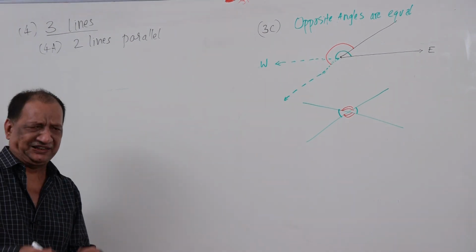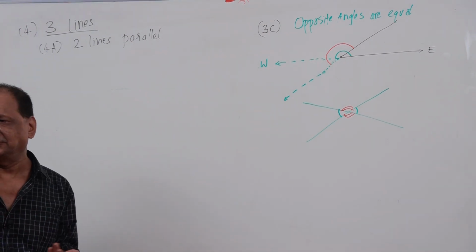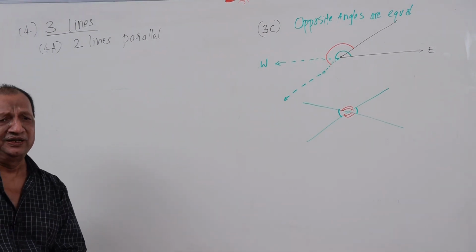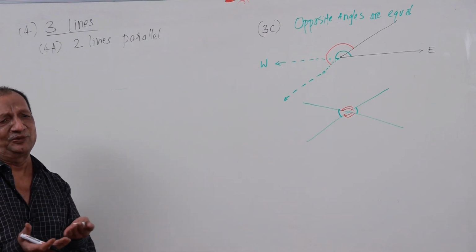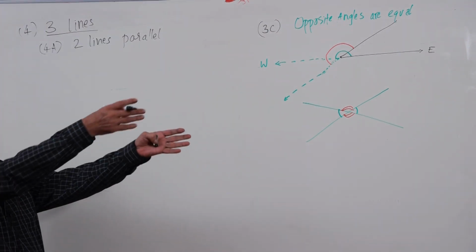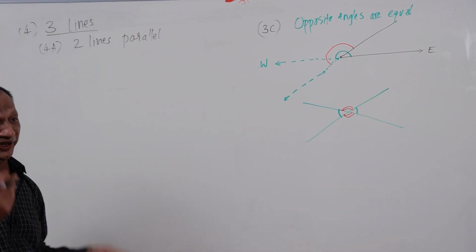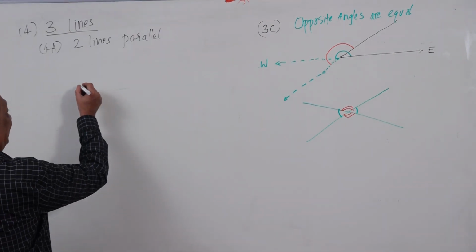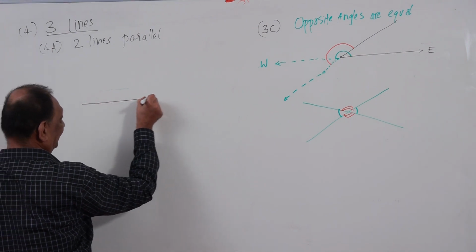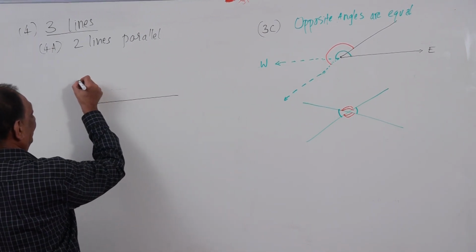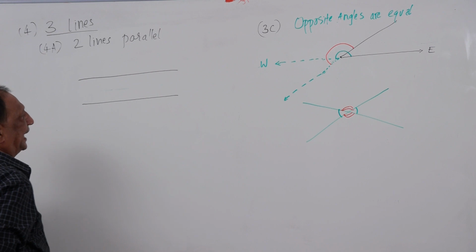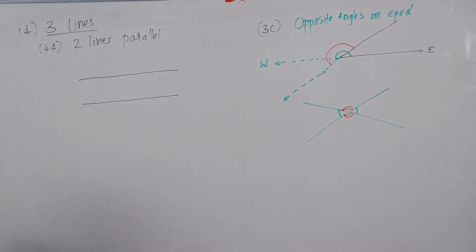Or we can have 3 parallel lines, but 3 parallel lines have no further interest for us because they look like 2 parallel lines. 2 parallel lines are like rail tracks, no, which never join. They always keep on going, right? So let's draw 2 lines which are parallel, and a third line which is inclined to both of these, correct?